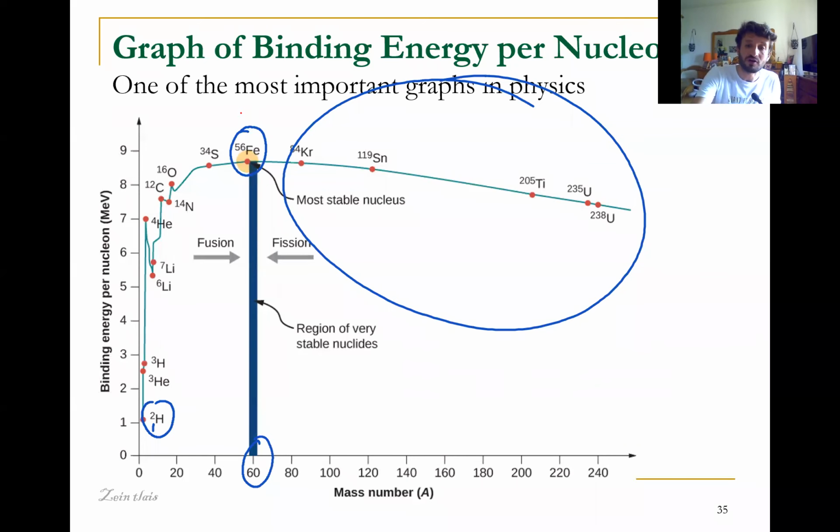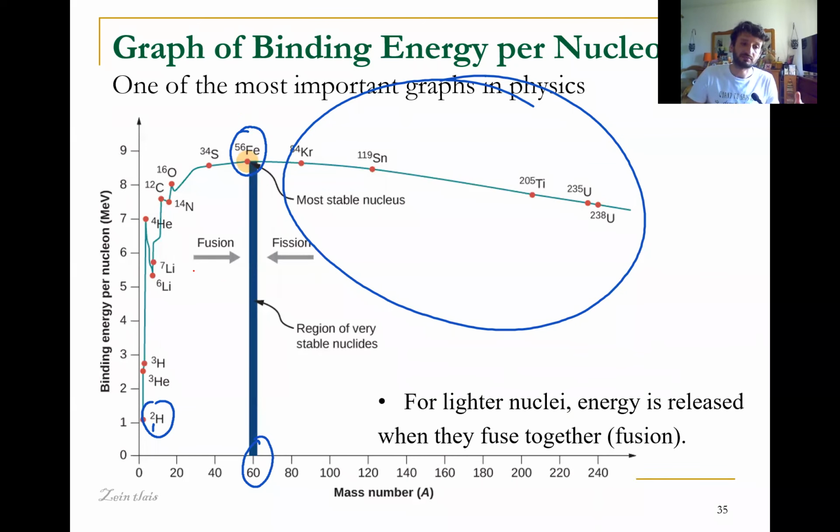But in the case of lighter nuclei, the energy is released only when they fuse together, okay? Because they are light. In this case, after the fusion reaction, these particles will fuse together and we get the nuclear fusion energy.